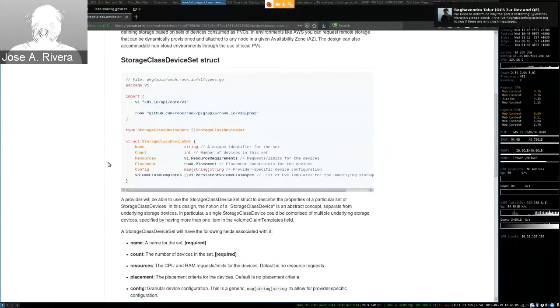However, in the case if we're using local PVs, the capacity of a given PVC is irrelevant because there is no dynamic provisioning happening. So whatever local PV gets bound to the PVC, we just have full access to the capacity of the device.